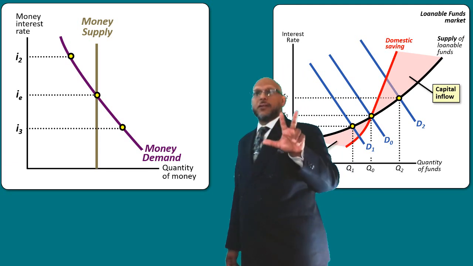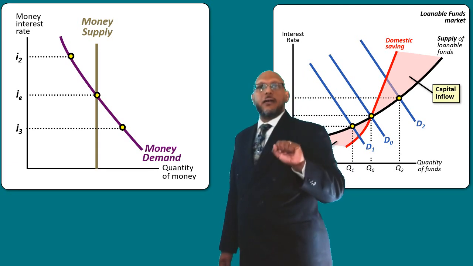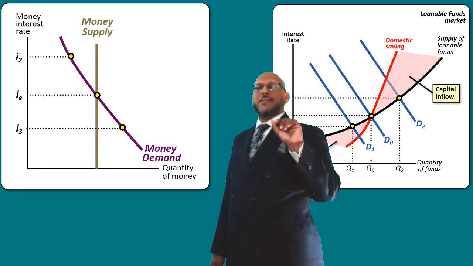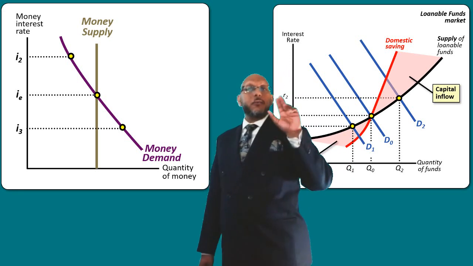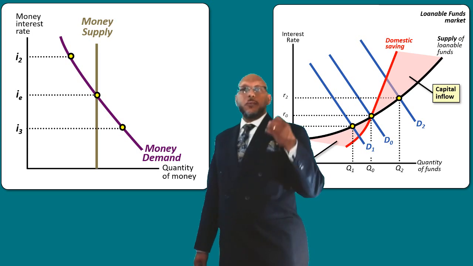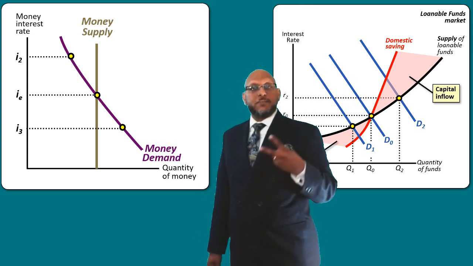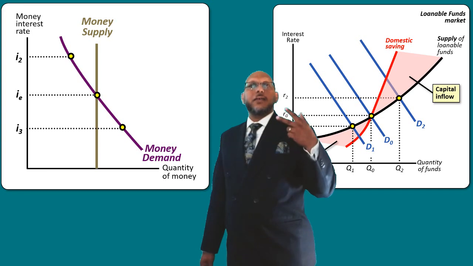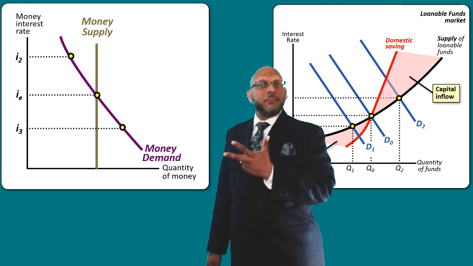So we have three markets that we are investing in. I'm making now a distinction in the money market. We can invest in the money market by putting money in the bank directly. We can invest in the bond market, which is part of the loanable funds market, and we can invest in the stock market.